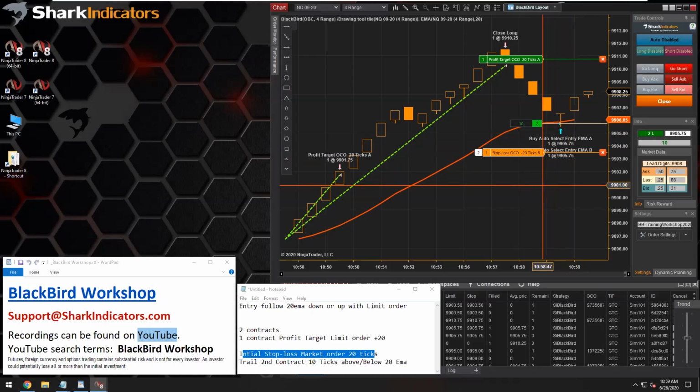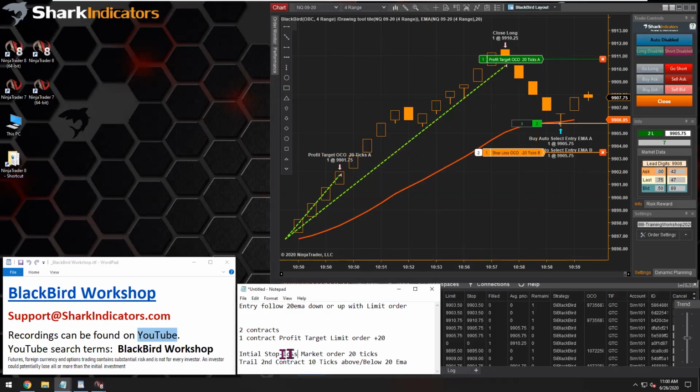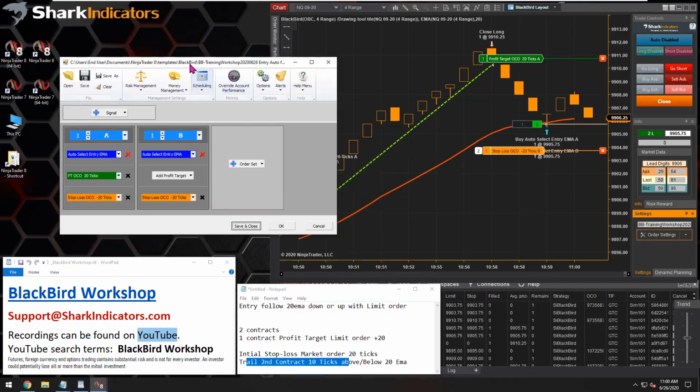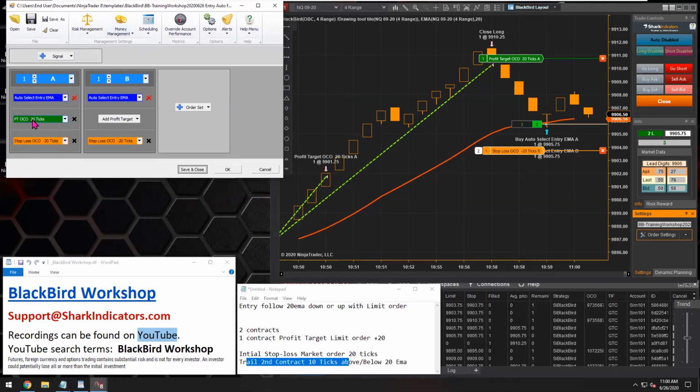What I was going to point out is that a lot of people will want their stop loss to remain at that initial 20 ticks, and they want the trailing to wait for X amount of profit. For example, let's open this up here. Let's say your first profit target is 20 ticks.